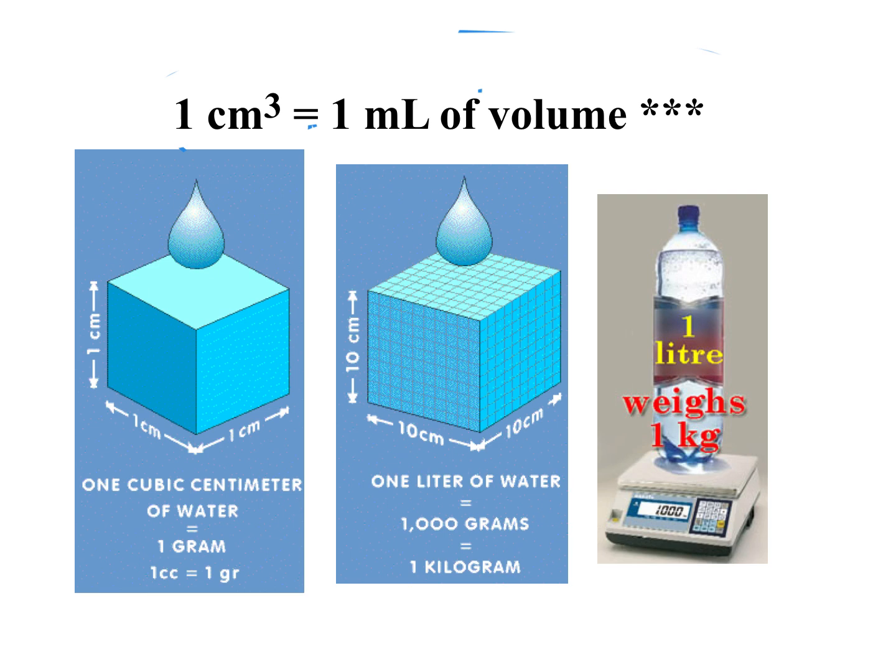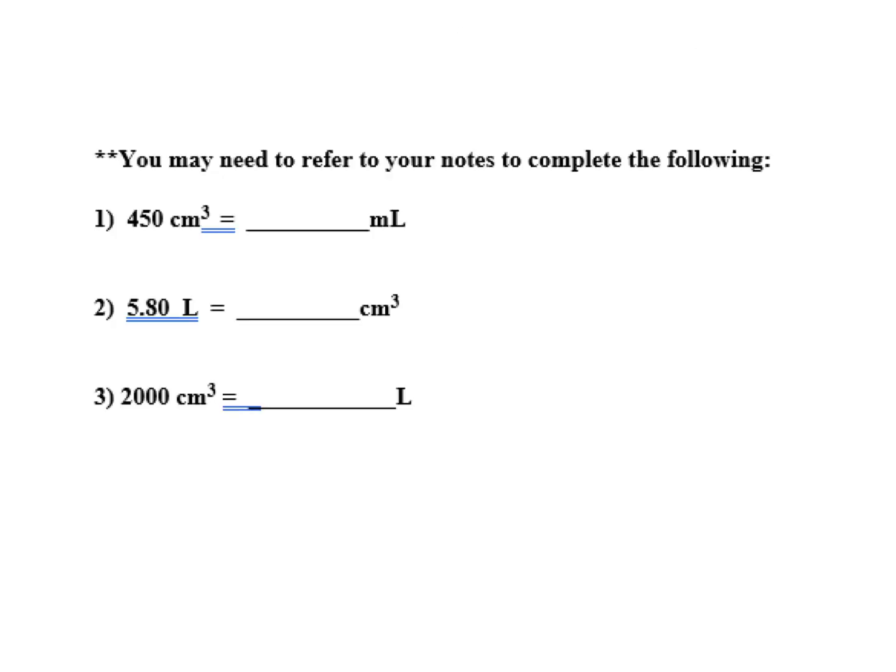Get back to my screen. So now let's look at those, and notice I said you might have to refer to your notes. Since you just wrote that down, you have that in your notes now, right? 1 centimeter cubed is equal to 1 milliliter. So look what's interesting here.